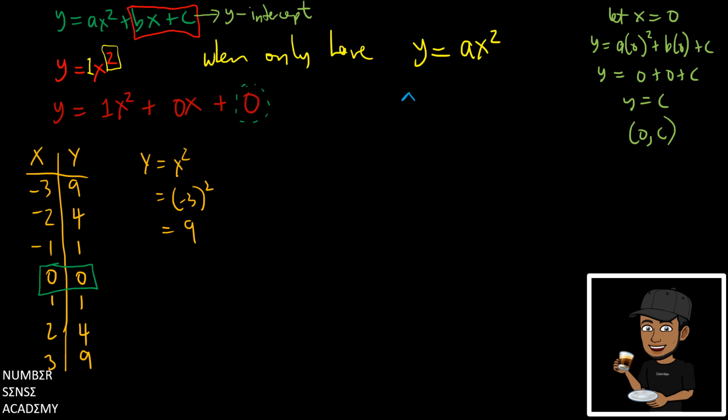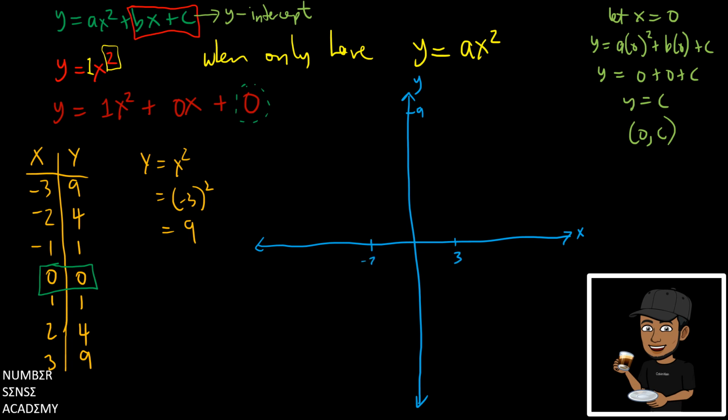So if I was to stick this on, we have y, x. I'm only going to find the points that I need. So I need 9, I need 3, I need -3. So my first point is -3, 9. I need 4, so maybe I'll put 4 about here.